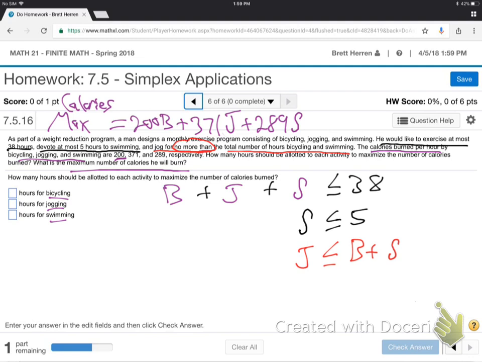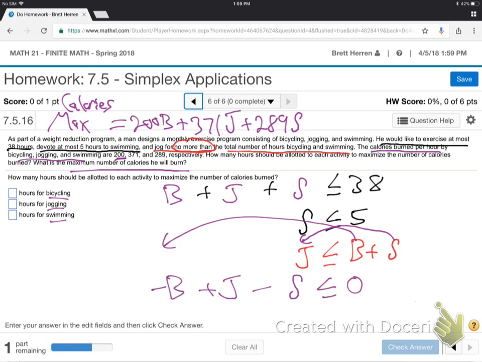So this bottom one will become minus B, the J goes in the middle, minus S, and then there's nothing but 0 on the right side. See how that'll be the bottom one, the third one? So let's get rid of this. It's not there anymore. I rearranged it to be in the right format.